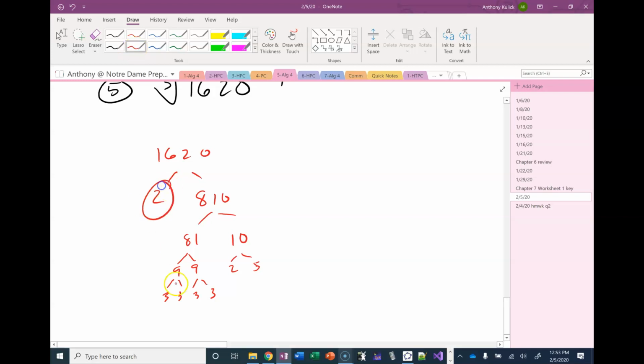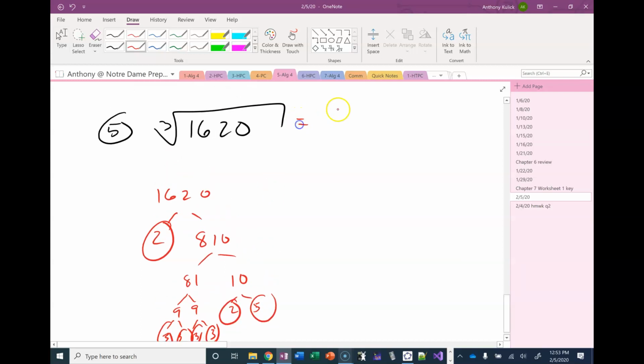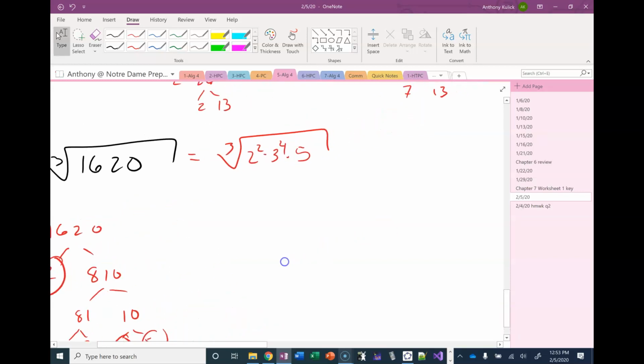So let's see, I have 2 2s, 4 3s, and a 5. So if I look now to see if I can take anything out, I only have to do an exchange, I need to have 3 of something.